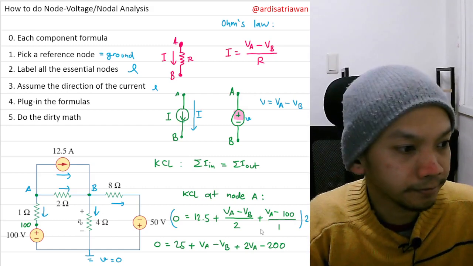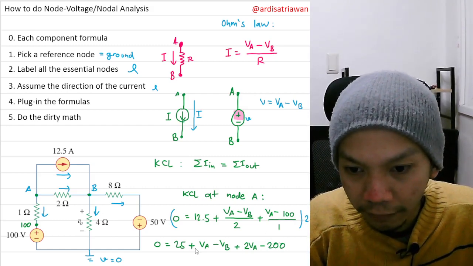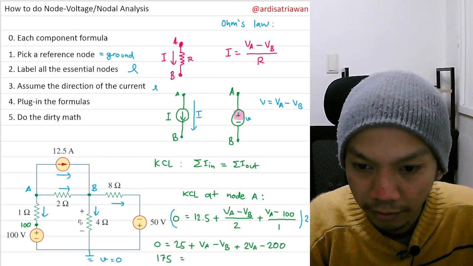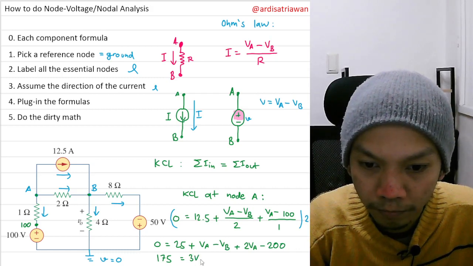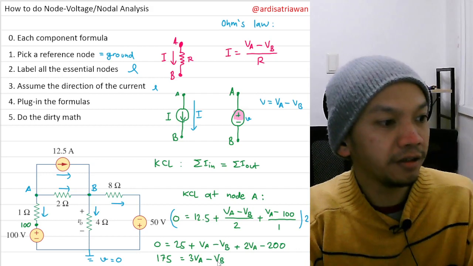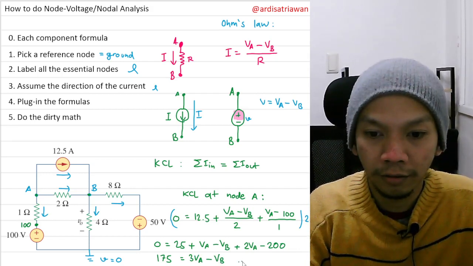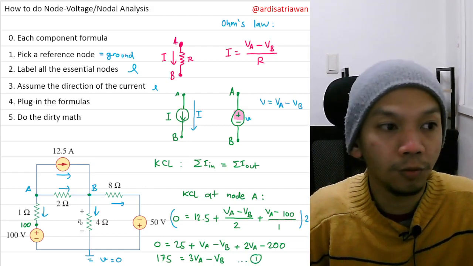Okay, and now I will have 175 on the left hand side, and then I will have 3VA minus VB. So I think that's all that we can get from node A. So let's save this as equation number 1.